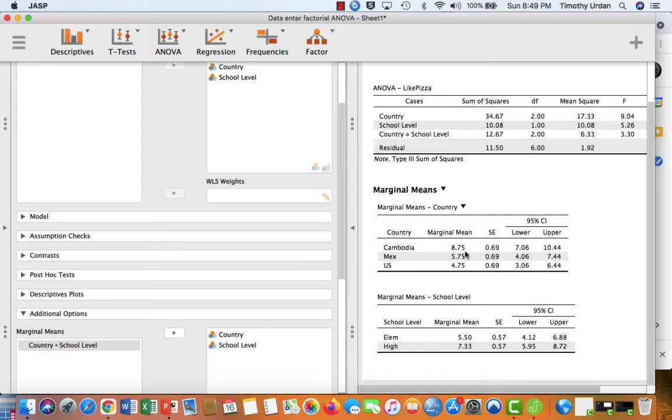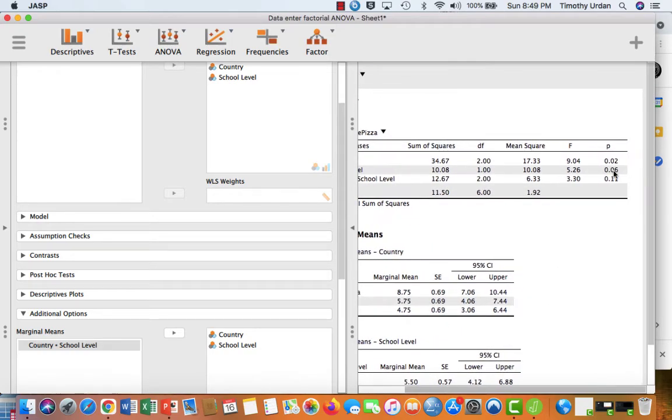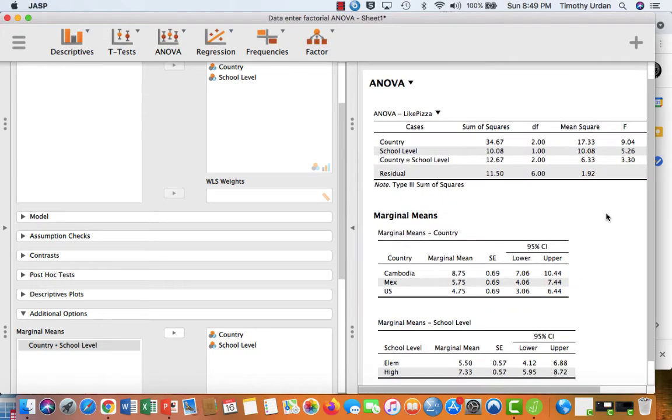In Mexico, it's 5.75. In the US, it's 4.75. You can see these are pretty similar, and that the kids in Cambodia on average like pizza quite a bit more, but it is not quite statistically significant because our sample sizes are so small. But if we found these same differences between the means with slightly bigger samples, that would have been significant, but it wasn't.